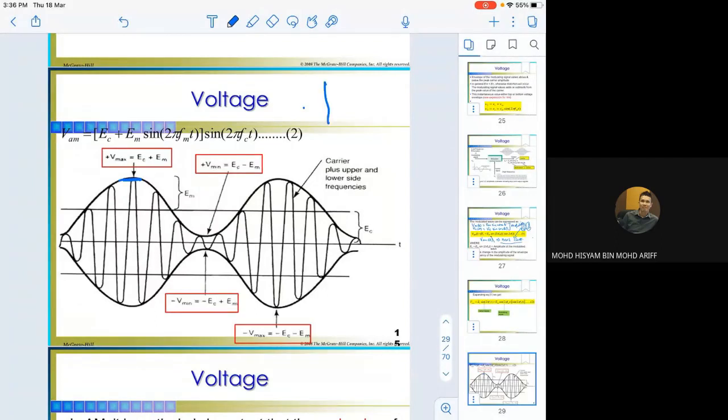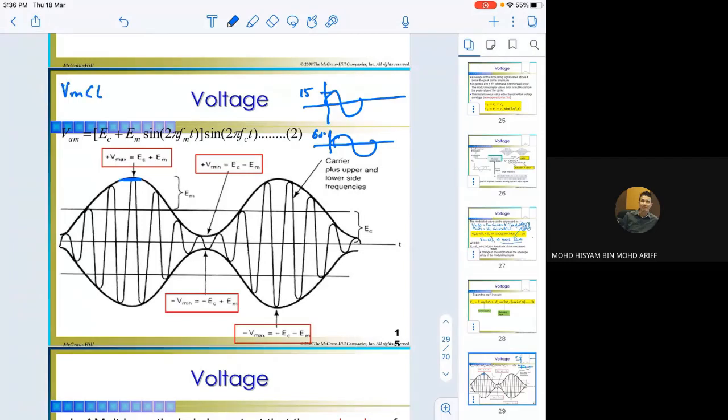Let's say last time I gave you an example. What was the example I gave you? VMT equals 15, and here 60, right?